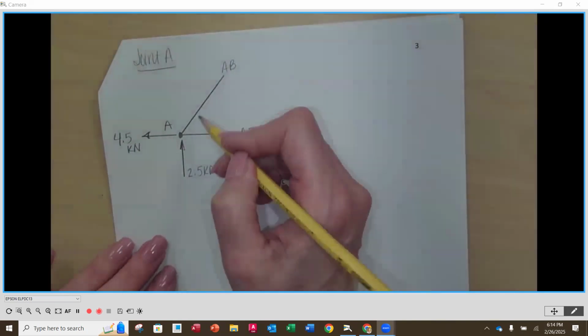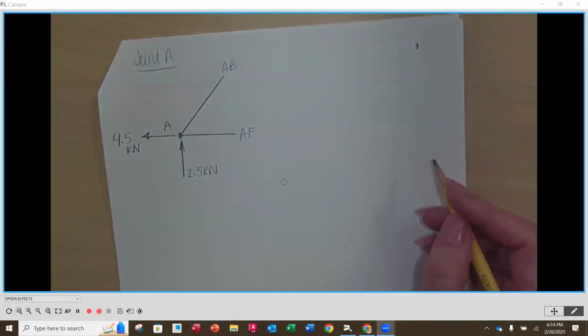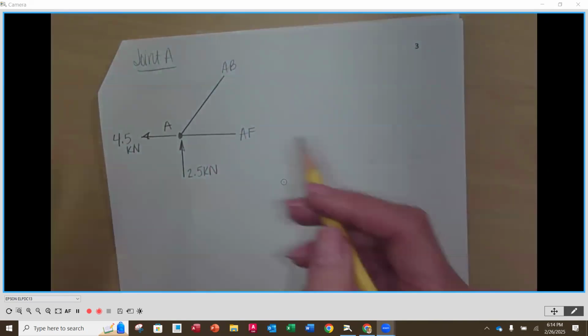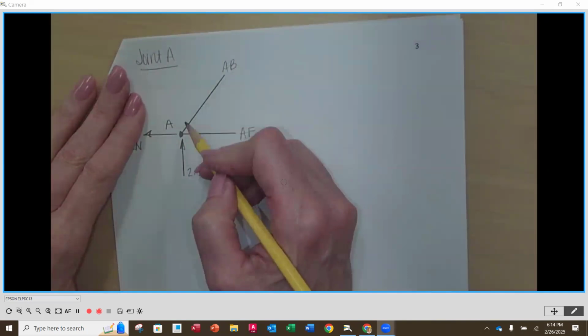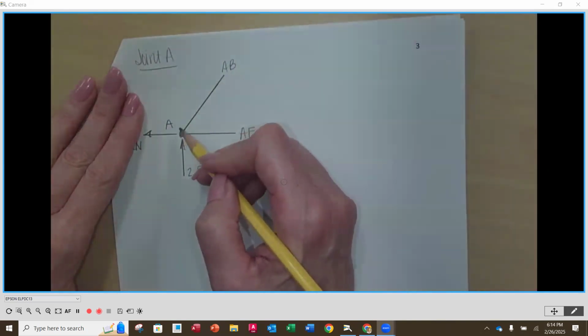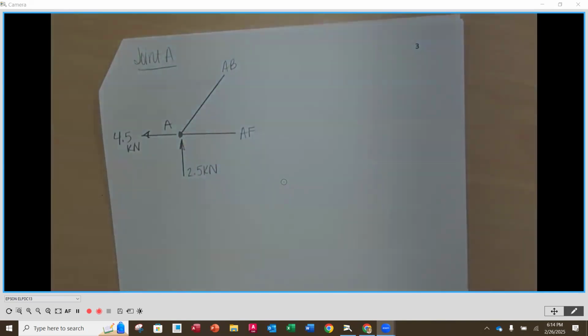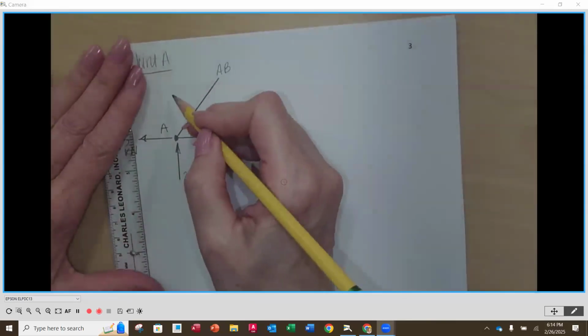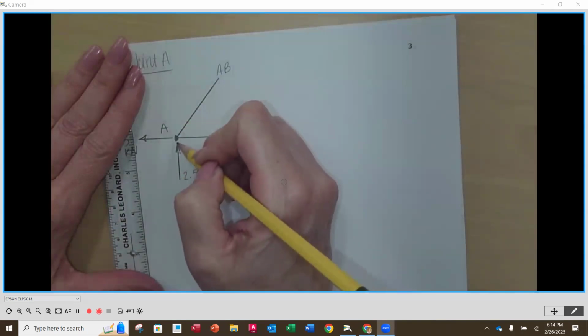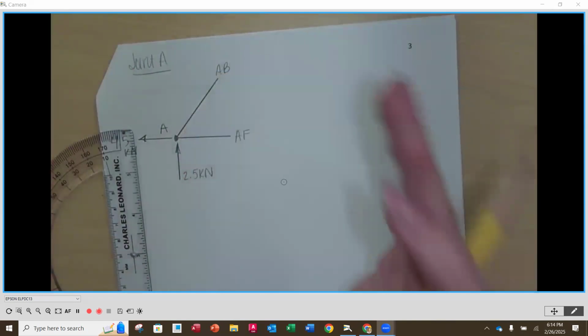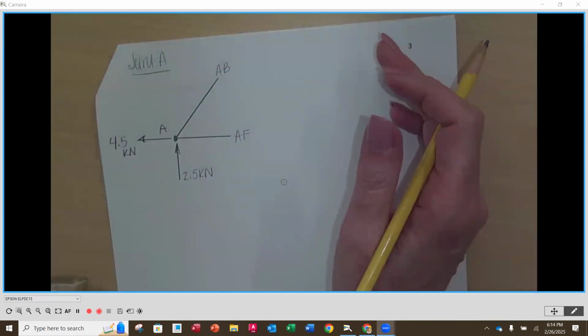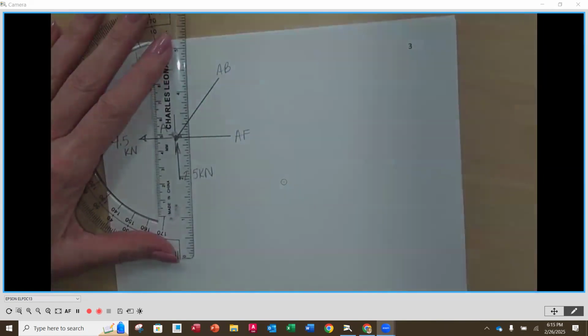So what we want to do is we want to put these along each one of these members. Now, as we look, this force is going to be going either up and to the right or down and to the left. So as you can imagine, we're going to be breaking it into its X and Y components. So instead of putting the X and Y components right at the application of the joint, because that's actually where they're going to be, we're going to back it up a little bit so it doesn't get too cluttered.